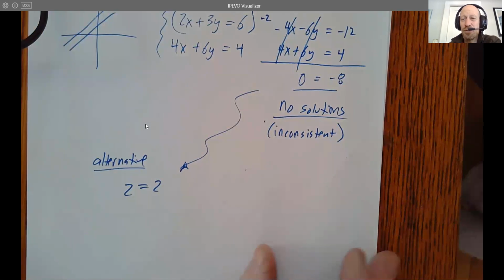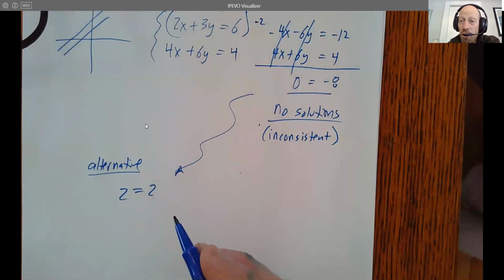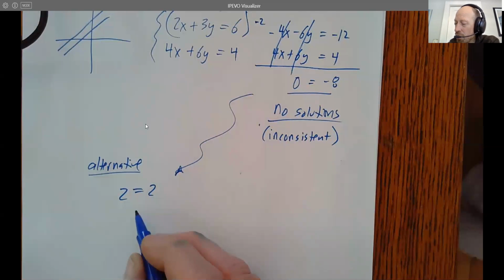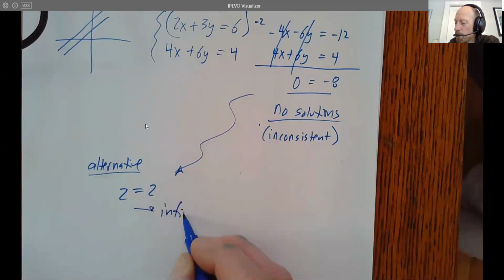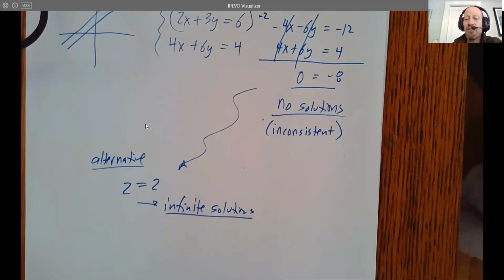Maybe 2 equals 2 instead of 0 equals -8. And 2 equals 2 is always true. So that's a big difference. That turns out to generate infinite solutions. It's called dependent.